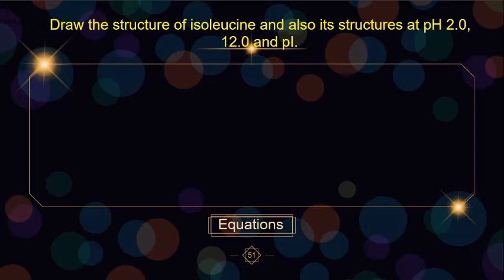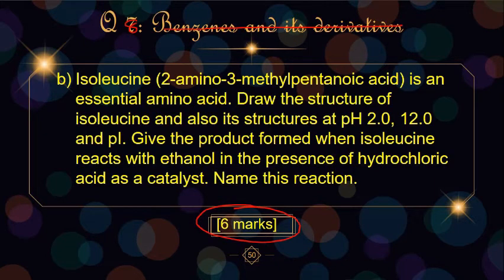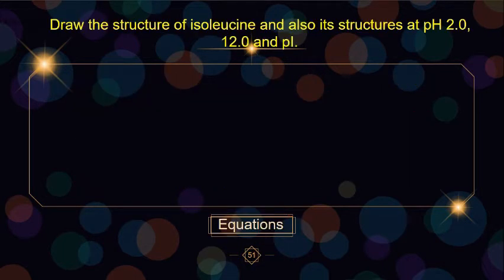Okay, sekarang ni kita draw dulu apa sebenarnya structure isoleucine. Isoleucine 2-amino-3-methylpentanoic acid. Okay, pentanoic acid 1, 2, 3, 4 and 5. Okay, so ada CH3 at the carbon number 3. At the carbon number 2 you have amino, and this one is C double bond O, OH.